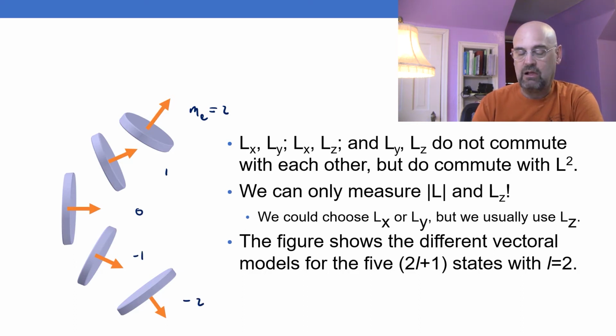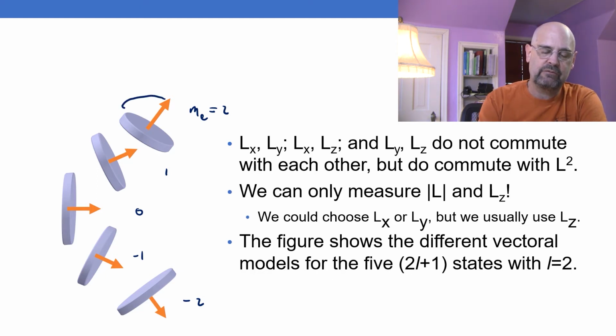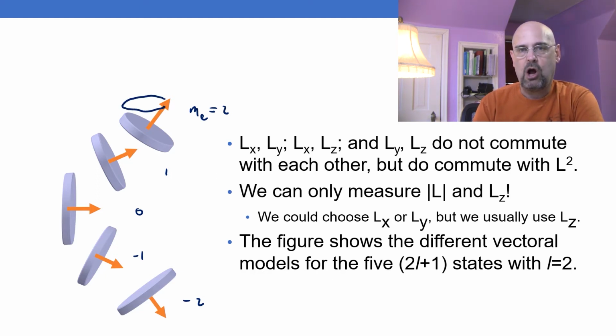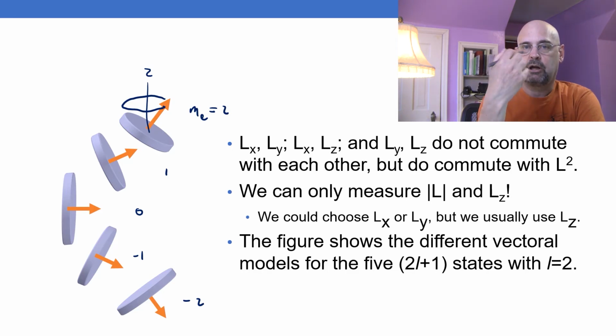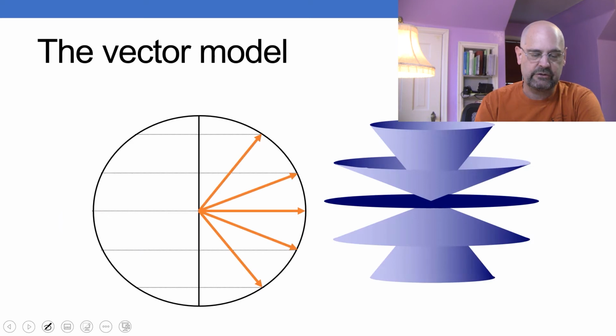This is for l equals 2. And the angular momentum vector can rotate around the z axis, just so that the z component of angular momentum stays the same. So it's going to be somewhere in a cone. The same thing for 1 and 0, minus 1, minus 2.